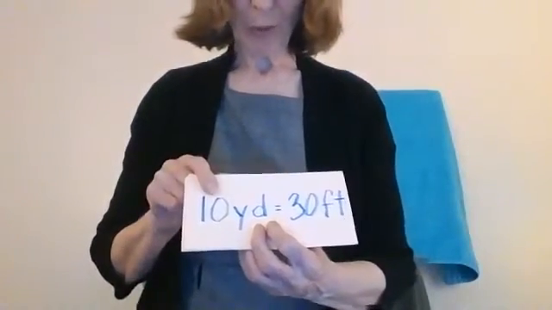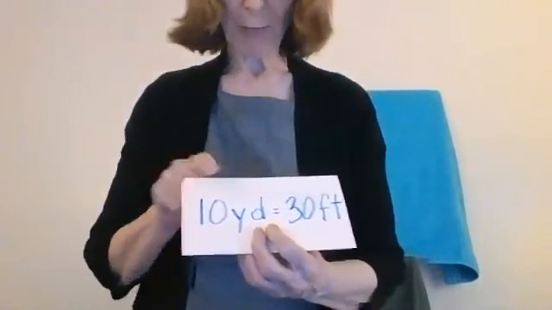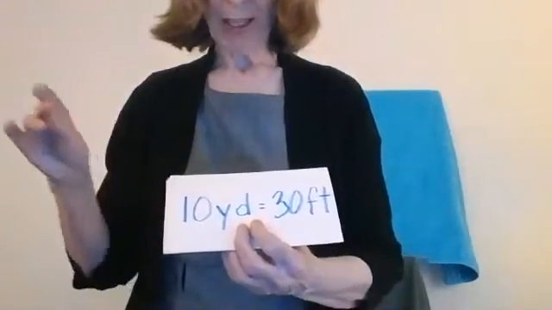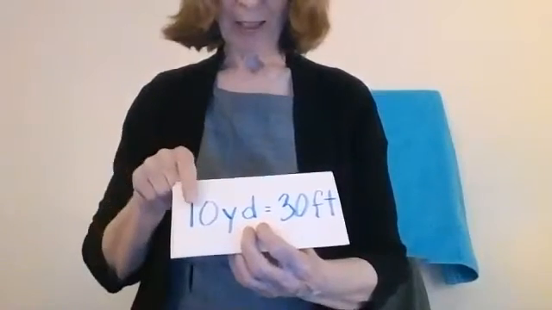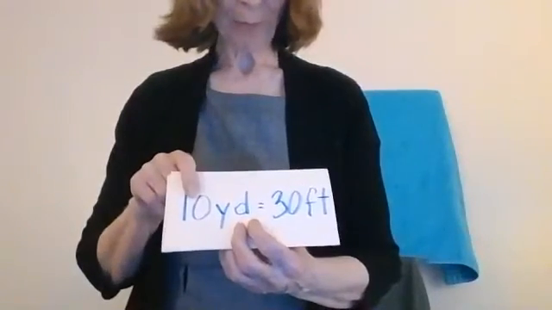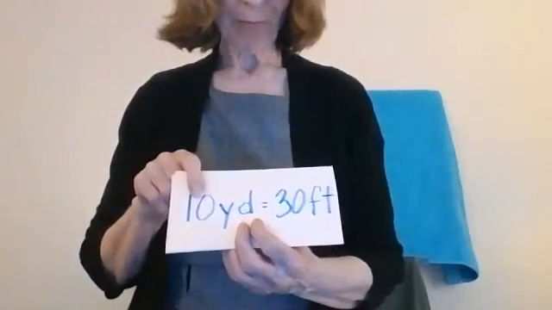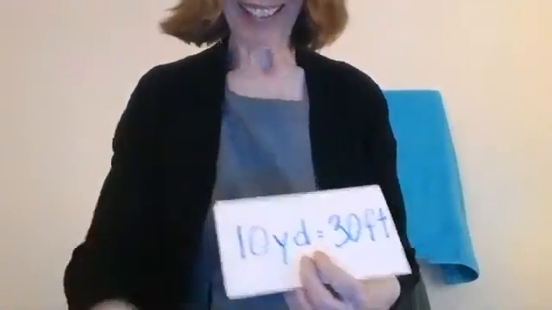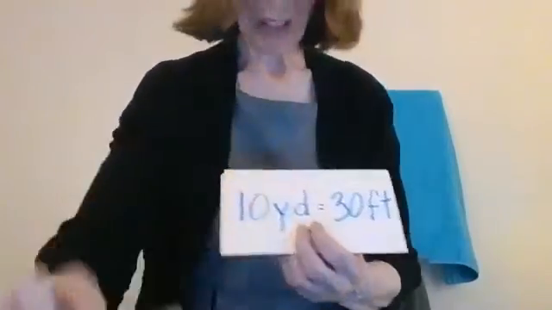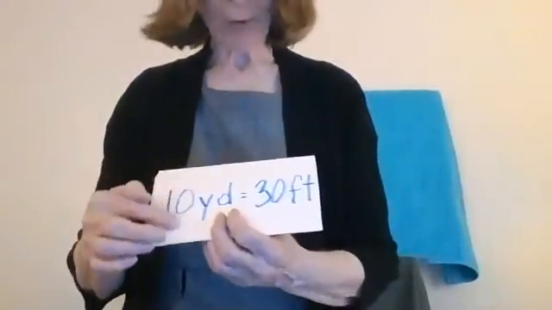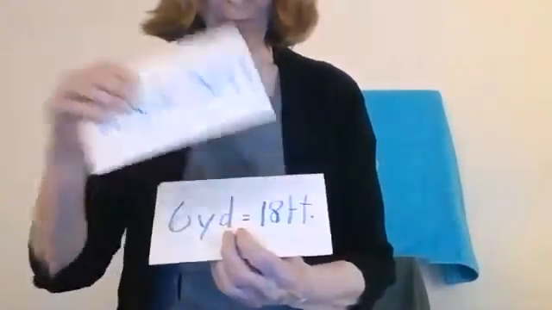So what did we use to get this 30? We said 10, and we're multiplying by the 3. The 3 what? The 3 feet. Okay, so 10 times 3 then is 30.